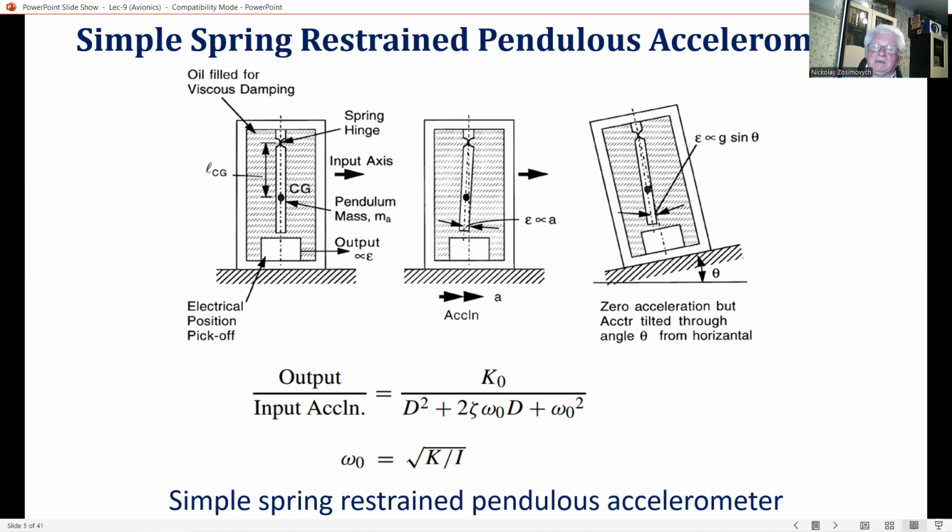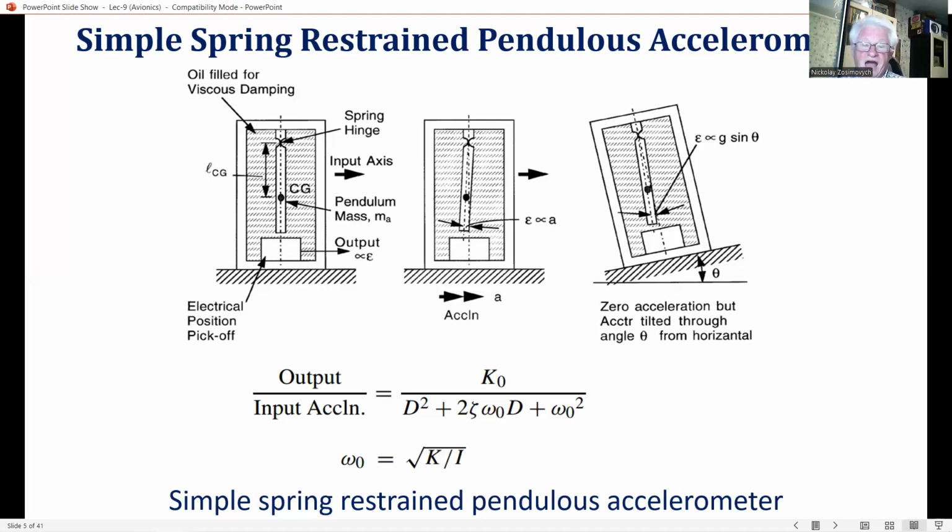This results in a maximum cross-axis coupling error of sine 2 degrees, approximately 3.3% of any acceleration acting along an axis normal to the input axis, no matter in which direction, vertically, horizontally, or otherwise.